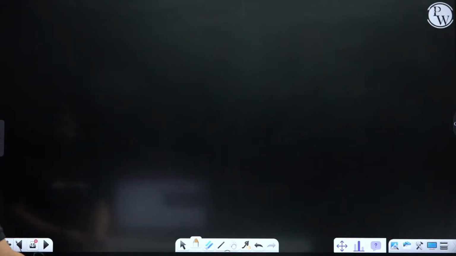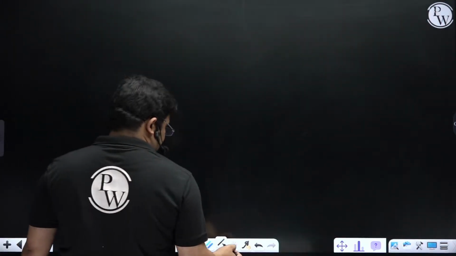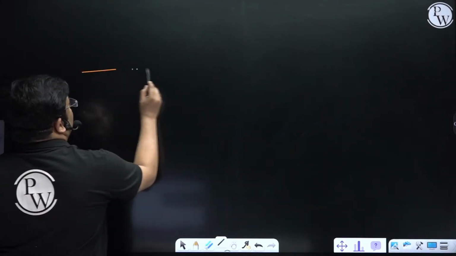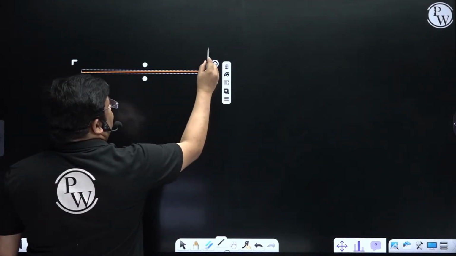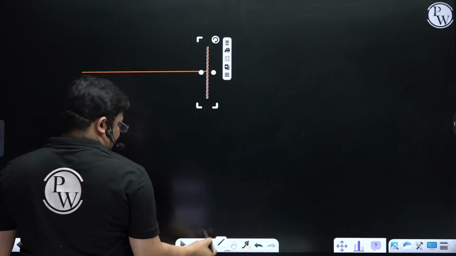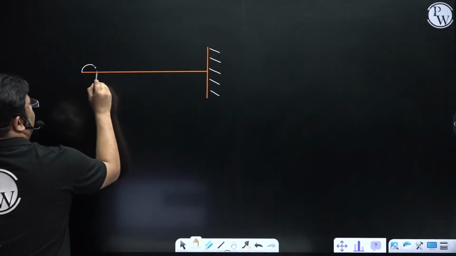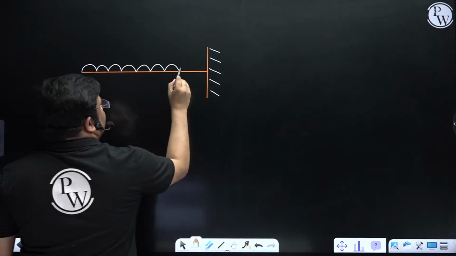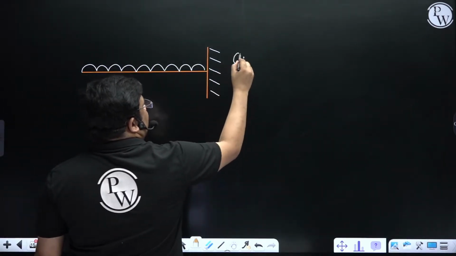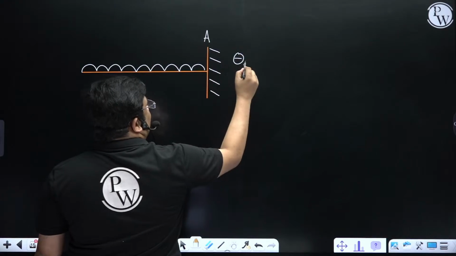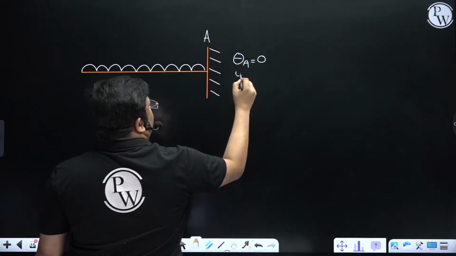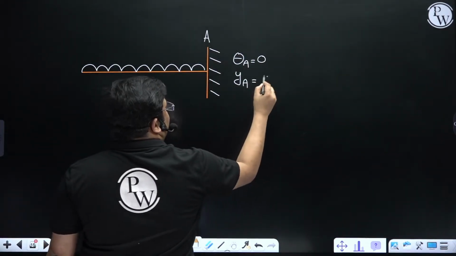Next we'll see a UDL. So if we have a UDL like this, even if there is a UDL, some things don't change, like theta at the A end will be again 0 only. It is fixed now, so it will be 0 only. And deflection also will be 0.